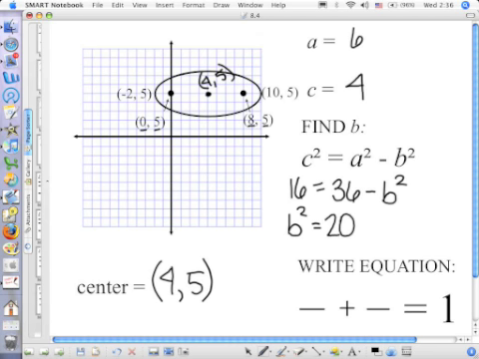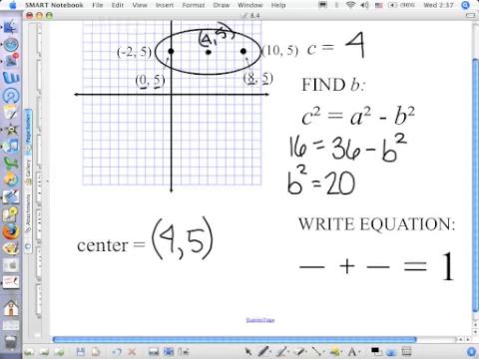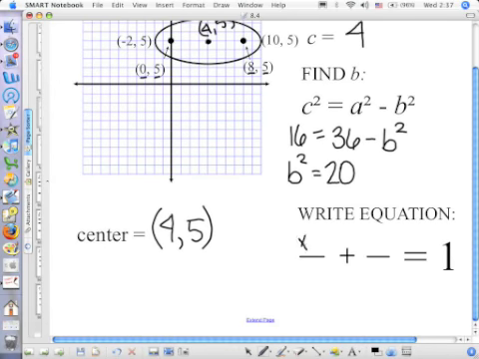Your major axis is not actually on the axis, but we could relate it. What is it going to be? X. The x-axis goes horizontal, and this is a horizontal ellipse. So x goes first. X minus 4 squared. Excellent, Tyson. What goes here? 36.